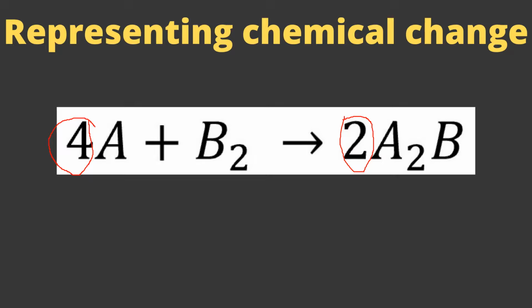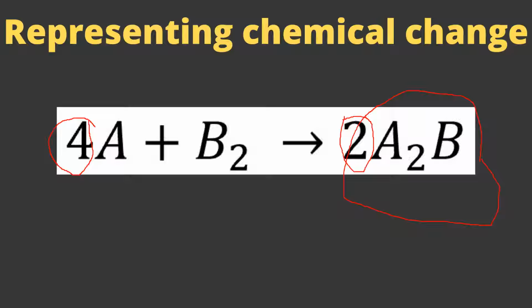We call them coefficients. So 4 is a coefficient of A, and 2 is a coefficient of both A and B. So this chemical equation that you've written here is balanced.